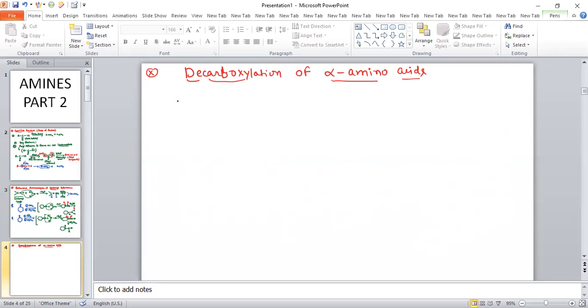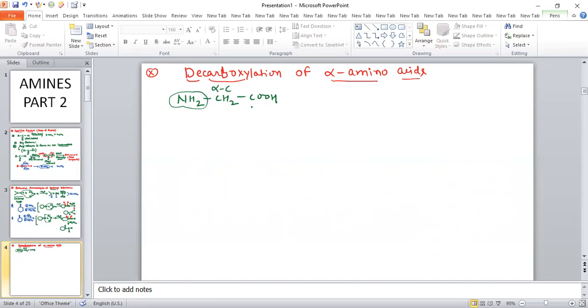See what is alpha amino acid? You can see, very easy. If it is given like this, NH2, CH2 and COOH, we know the priority of COOH is more, therefore this is the alpha carbon. On this alpha carbon there is an amino group.